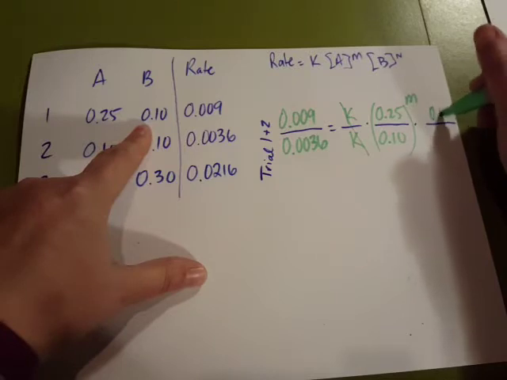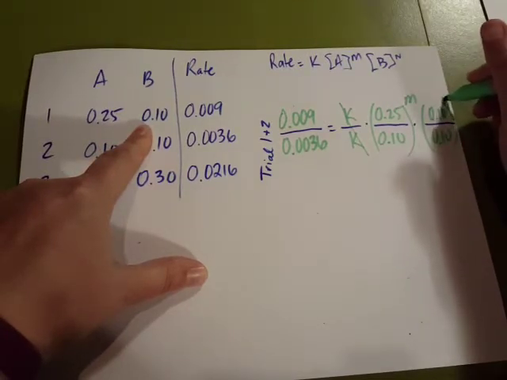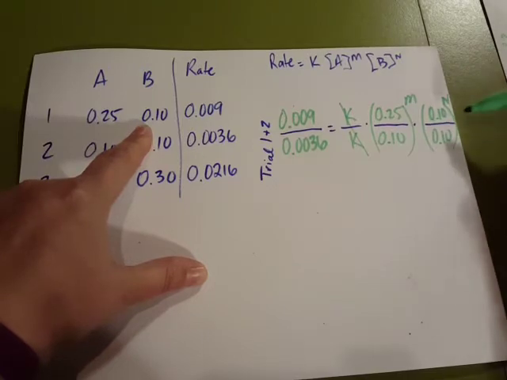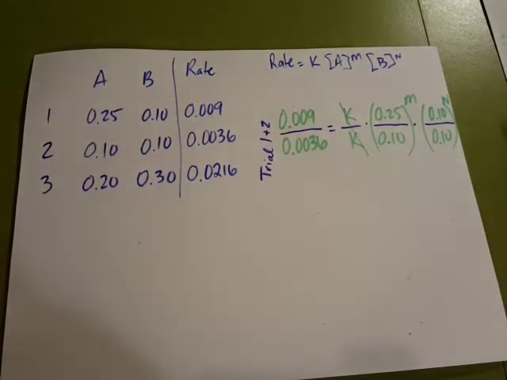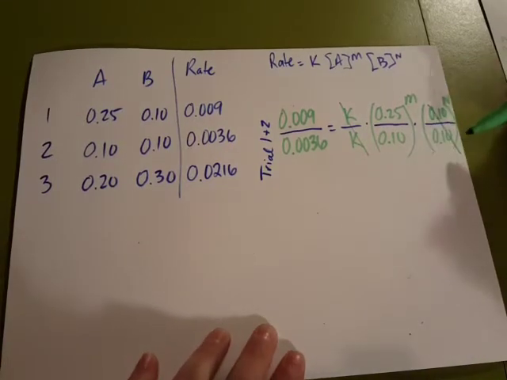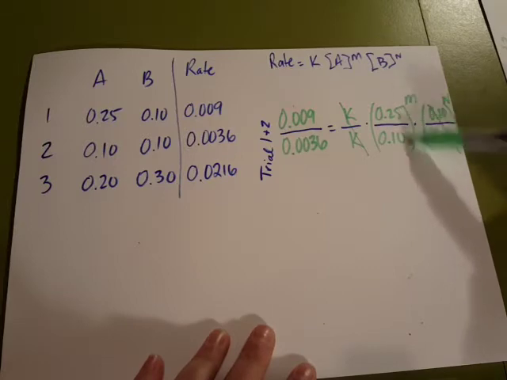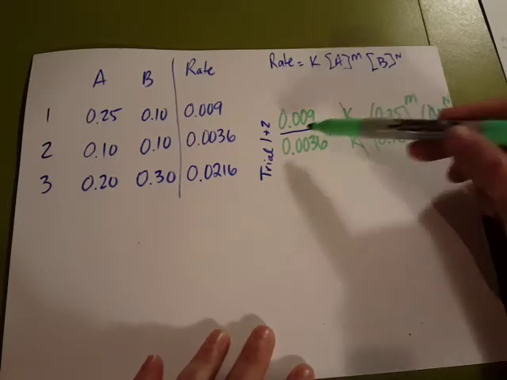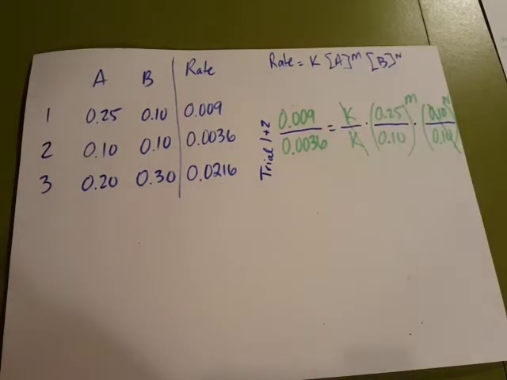B, 0.10 over 0.10, and this is all to the power of N. Now, when you get a situation like this, where you have 0.10 over 0.10, that is basically canceling itself out. It's becoming 1. So what we want to do now is actually do our divisions in these two spots and see what we're really talking about here.